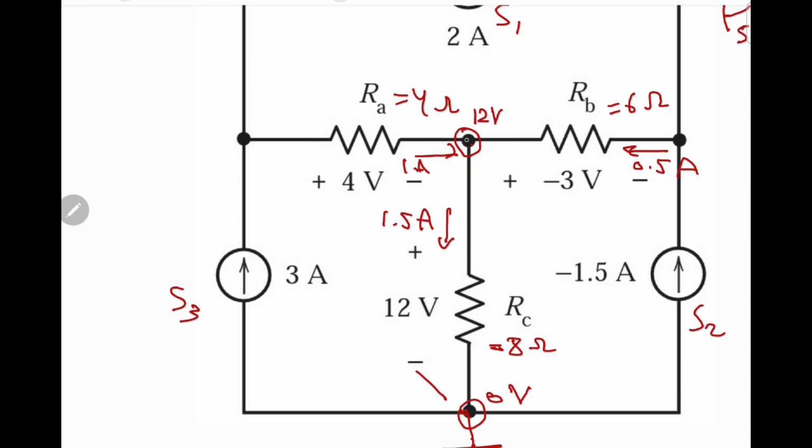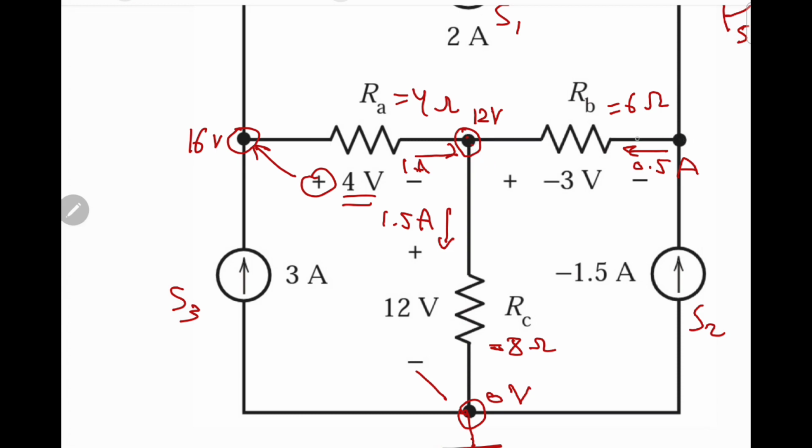So if this is 12 volt, and remember that the voltage difference between these two nodes is equal to 4 volt. And since the plus is here, then this node has higher voltage than 12 by 4. So this should be 16 volts. So 16 volt, and the resistor will take 4 volt, and the 12 volt remains on that node.